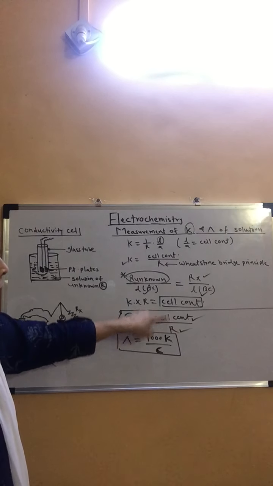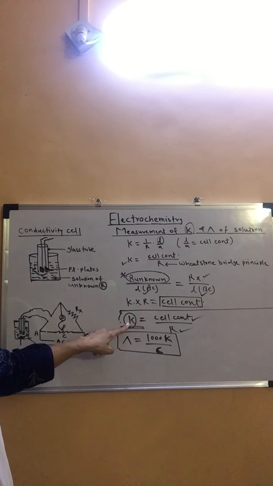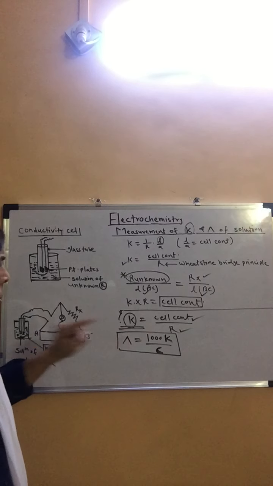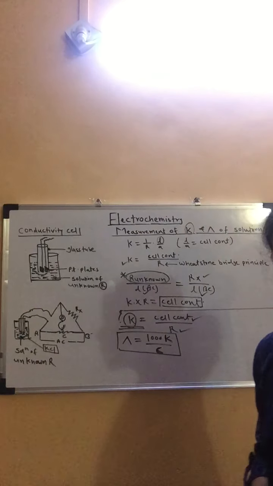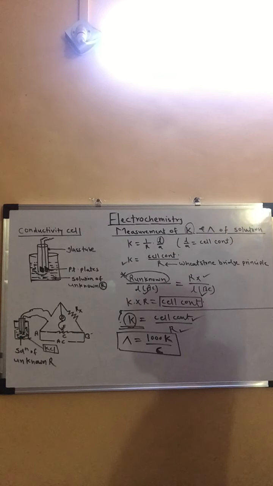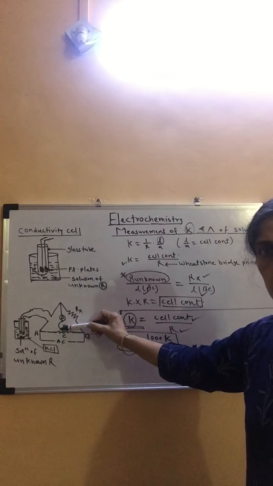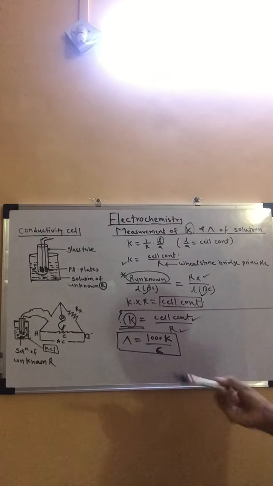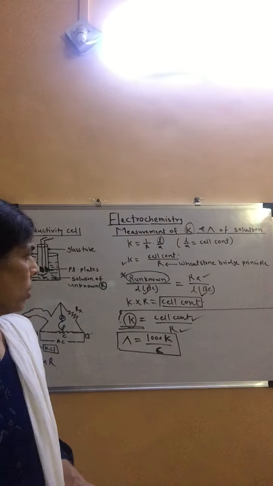The cell constant we have already determined using KCl, so K can be determined after substitution, and from that we are able to determine molar conductivity also. It is very easy if you remember two diagrams and two formulae. Based on this, problems can come which you are going to see afterwards. Okay, thank you.